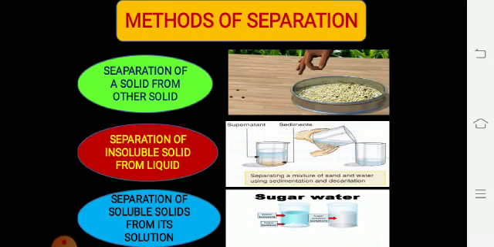So in this video, we are going to discuss the different separation methods. Before that, we should know why we need to separate a mixture. Students, we get mixtures from nature and from man-made materials.